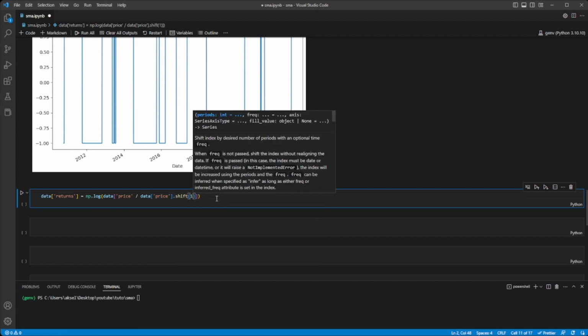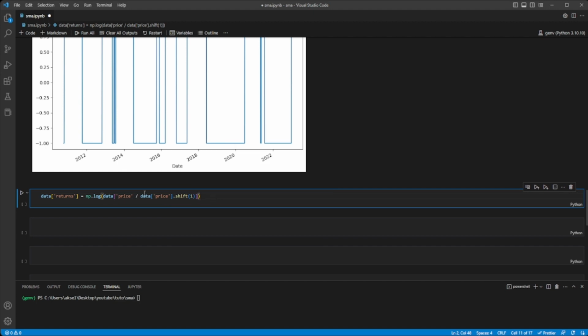So what we technically did here is we're getting tomorrow's price and we're dividing it. Perfect. So these are tomorrow's price, the price for tomorrow, and this is the price for today, and we're dividing it. And since it's the log, we're actually calculating the returns because it's a minus in log.